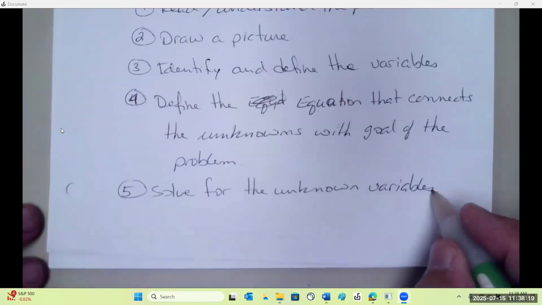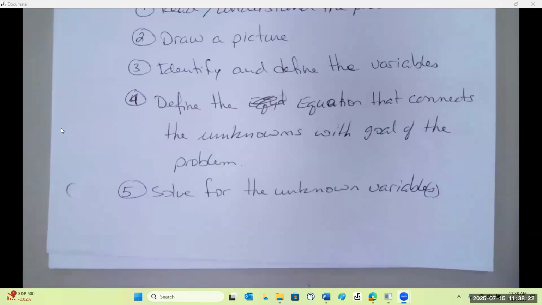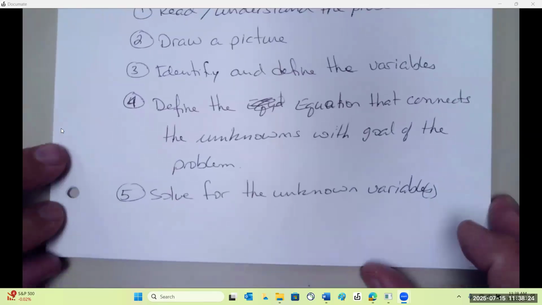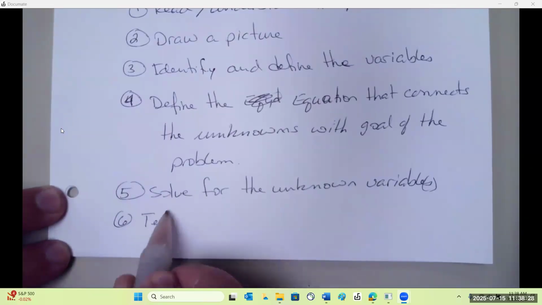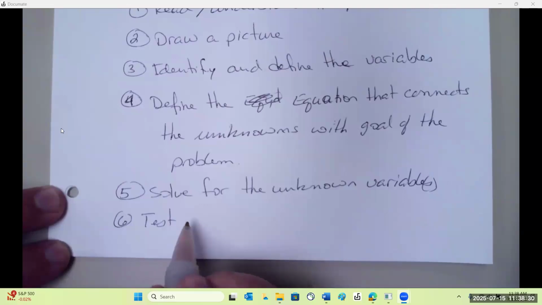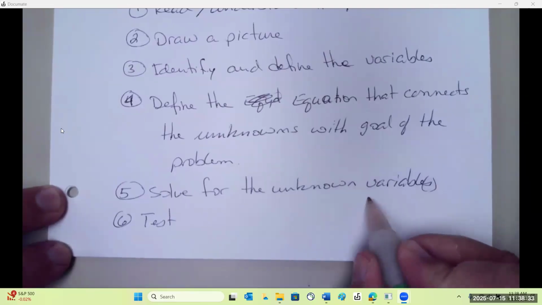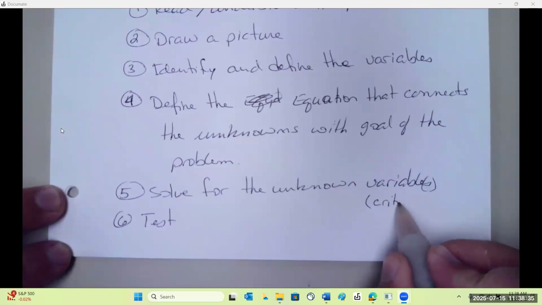Solve for the unknown variables if you have most of them. And then test these solutions. Those are your critical values.